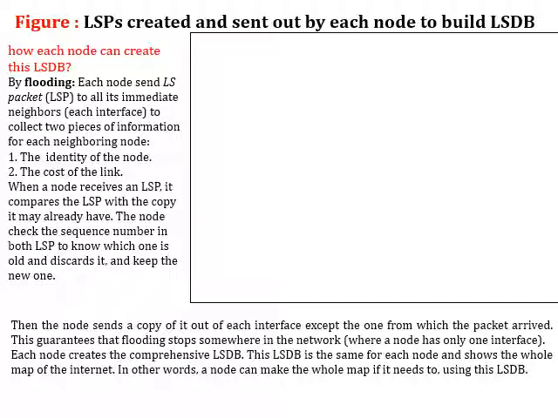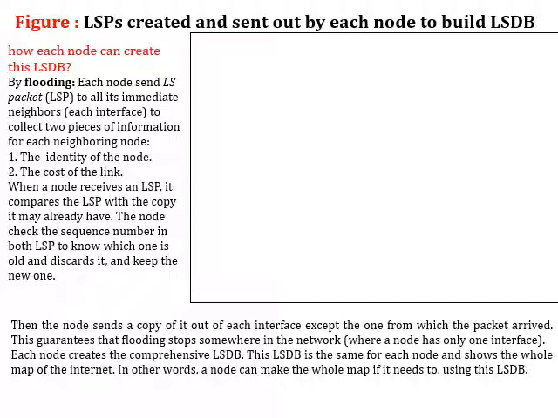Each node sends a link state packet to all its immediate neighbors to collect two pieces of information from the neighboring node: the identity of the node and the cost of the link.